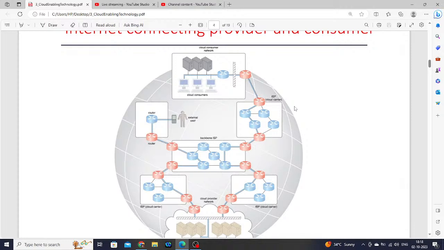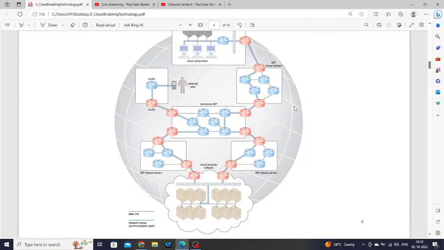These are the routers providing internet connectivity to your system, and the external user handles the application accordingly. Then the network resources supply good internet connectivity to your services, with ISP cloud carriers and cloud provider networks. This diagram shows how a network is generally connected and how it supplies good internet to your cloud technologies.